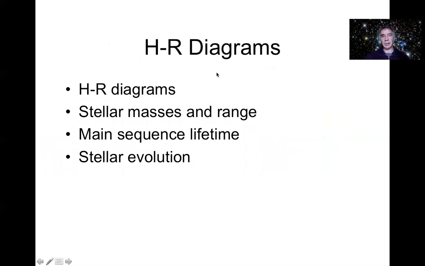Once people realized the spectral sequence was a temperature sequence, they started to plot the main topic of this lecture, which is called an HR diagram, or Hertzsprung-Russell diagram. That will lead us into the idea of ranges of masses, main sequence lifetime, and the whole idea that stars don't live forever, but evolve and die eventually.